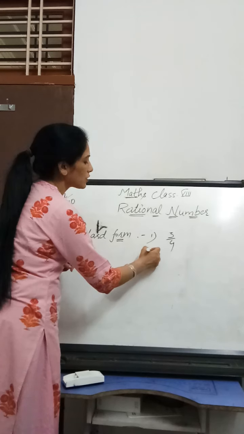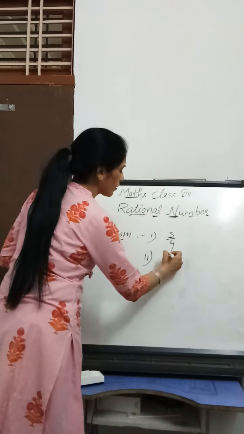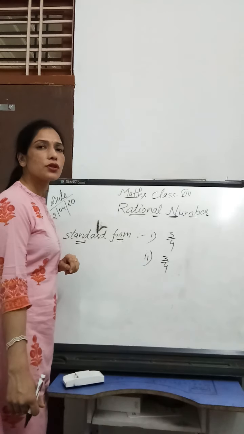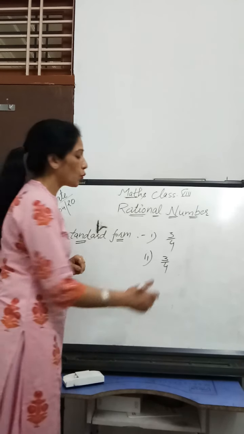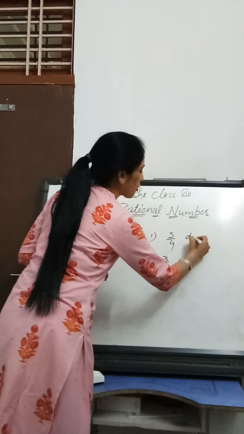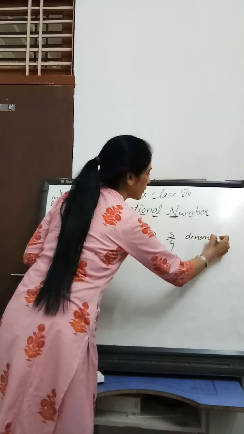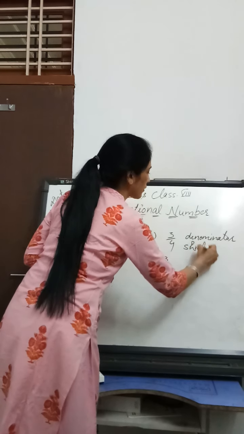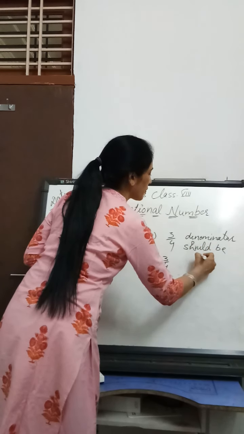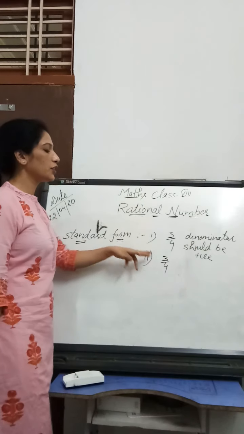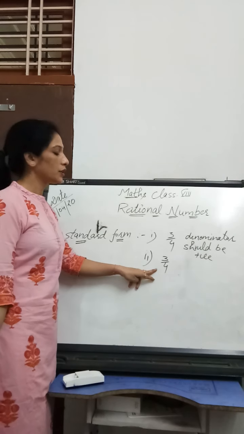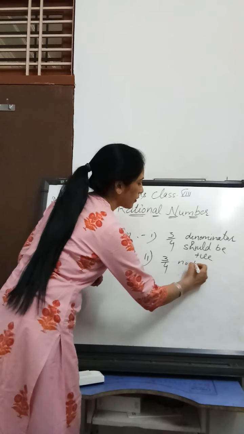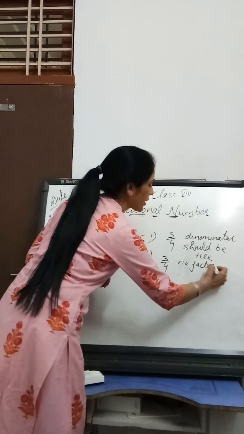And the second condition is numerator and denominator should not have the factor more than 1. First condition is denominator should be positive and the numerator and denominator should have no factor more than 1.